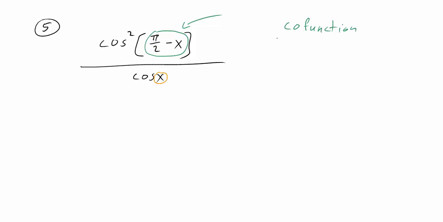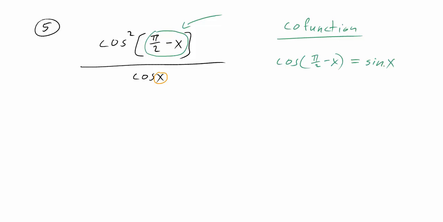cofunction identities. And that's the one where we have the cosine of pi over 2 minus x is going to be equal to the sine of x, because remember we have sine and cosine, they sound alike, the cofunction, sine, cosine. So that's where we're saying the cosine of pi over 2 minus x will equal the sine of x.